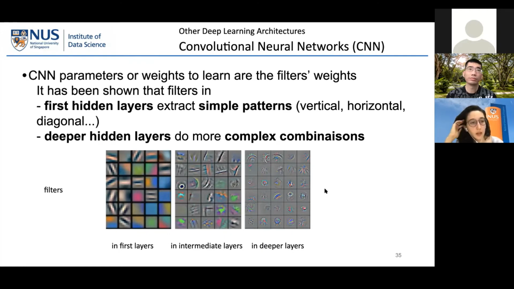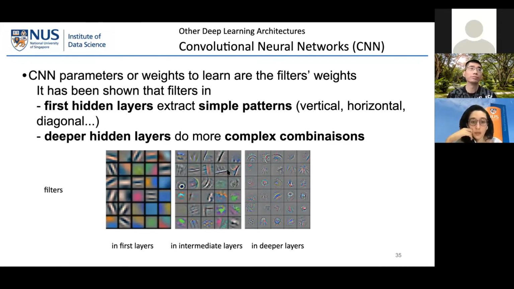Okay. And then about convolutional neural network parameters and weights. About those features, it has been shown basically that depending on how deep your convolutional neural network is, the first hidden layer will usually extract simple patterns within your image, like horizontal lines, circles, vertical lines, diagonal lines, some patterns like that.